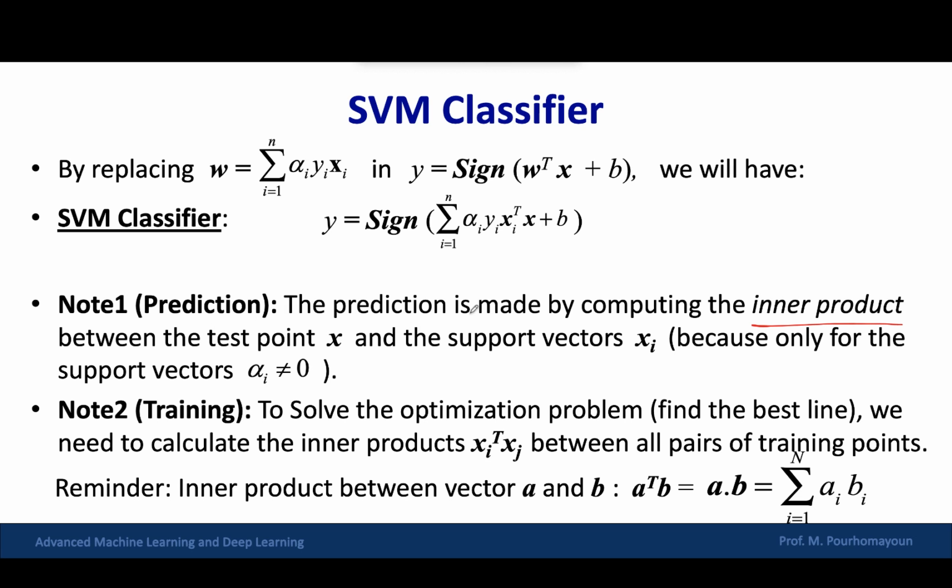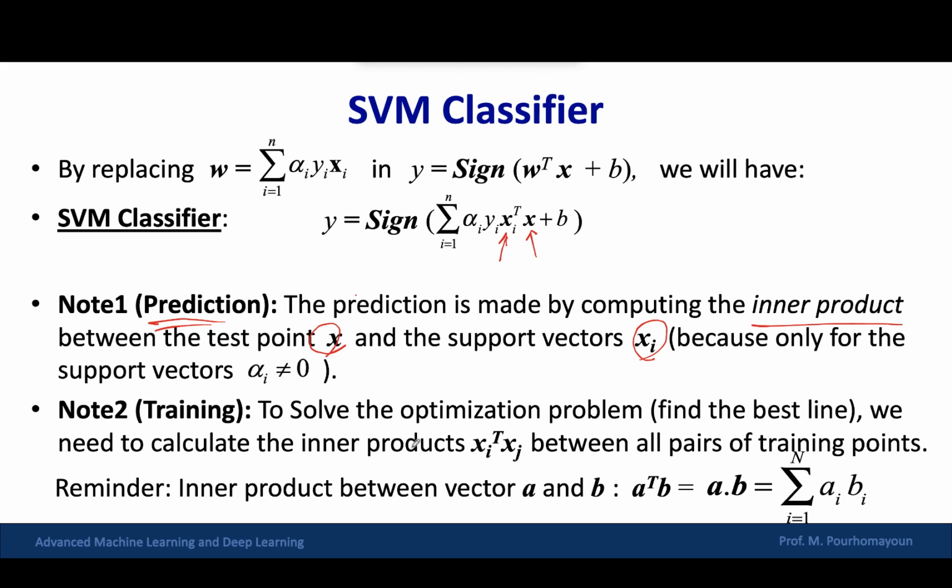The prediction is made by computing the inner product between the test sample X and the support vectors. So in the prediction stage, you don't need anything else. You just have the inner product between your testing sample, which is new, and your support vectors, this guy. This is the inner product.